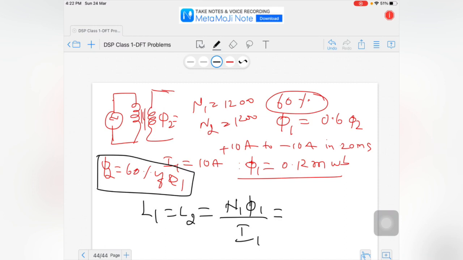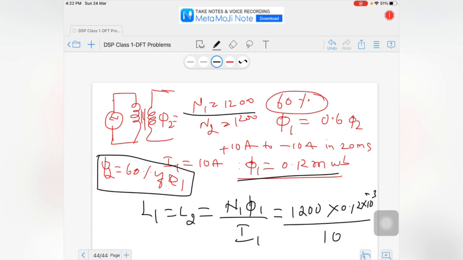The number of turns is 1200, that is N1, and the flux produced in coil 1 is 0.12 milliweber, so 0.12 into 10 to the power of minus 3, and the current is 10 amps. If you simplify, you will get L1 equal to 0.0144 Henry. This is the value of inductance.